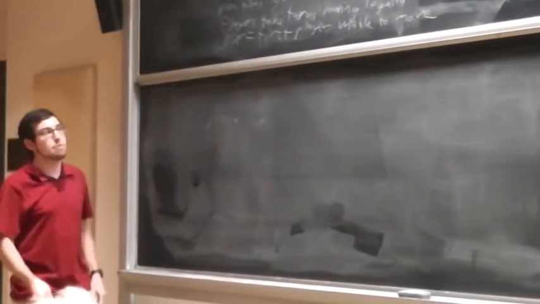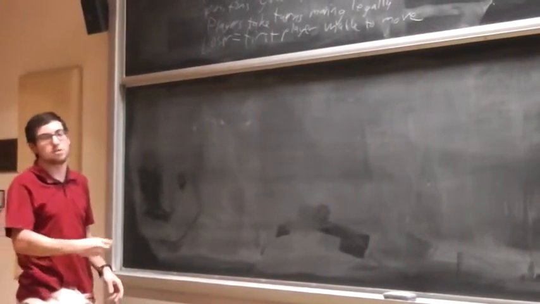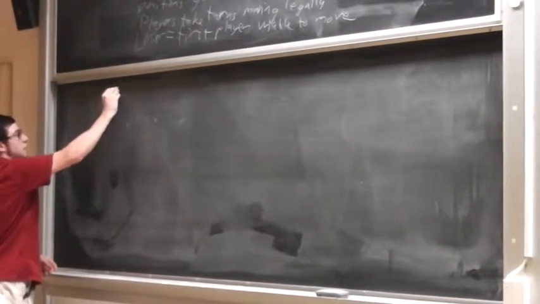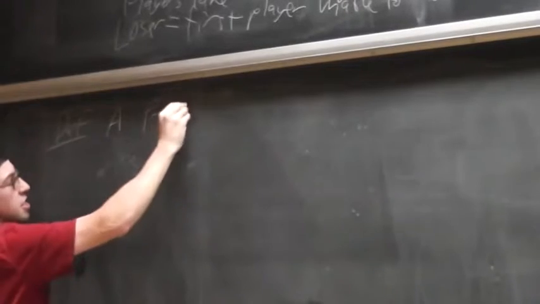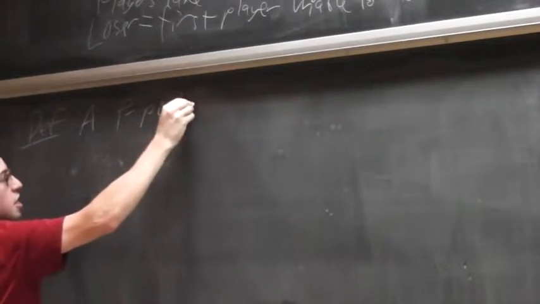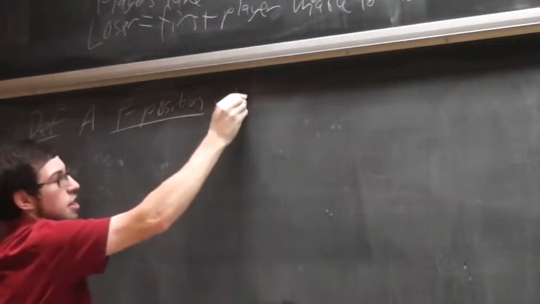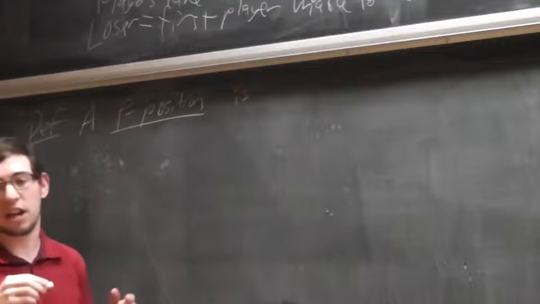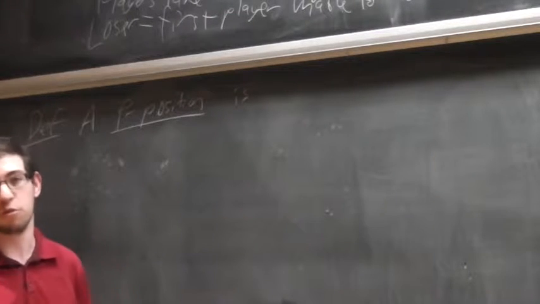Along with games, we need to define N and P positions. A P position is a game where the next player to move with perfect play will lose.